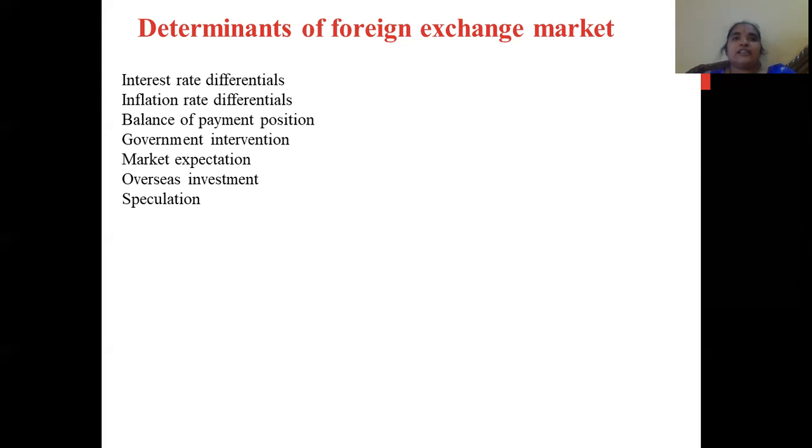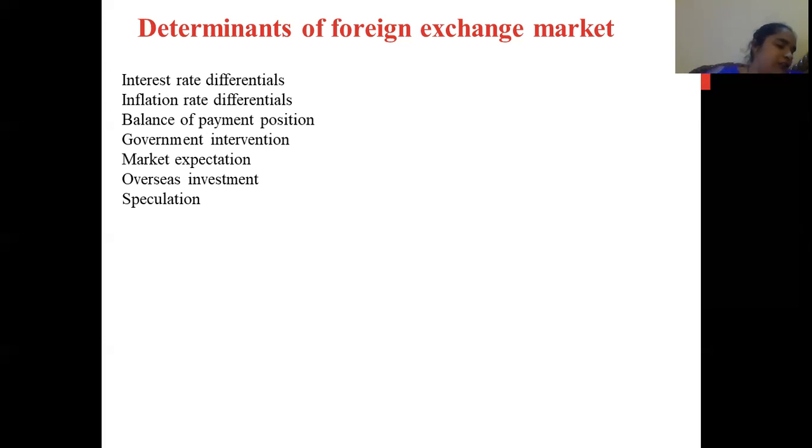So country A's foreign exchange demand will increase because more and more people are buying in that country, since its product prices have decreased. So the price of that currency will increase. So inflation means the difference in prices. Whichever country's commodity prices are lower, that country's currency value or exchange rate will definitely increase, and vice versa.